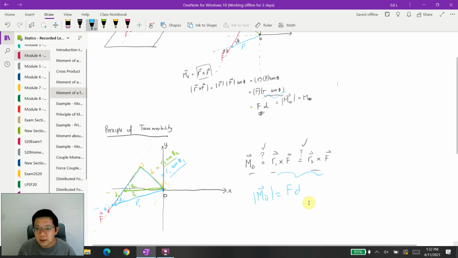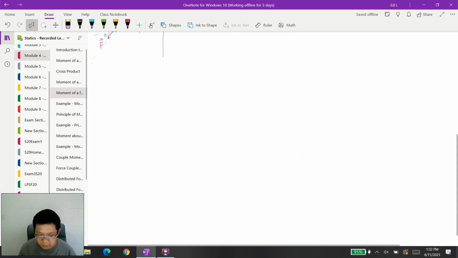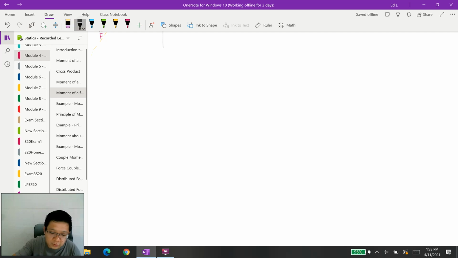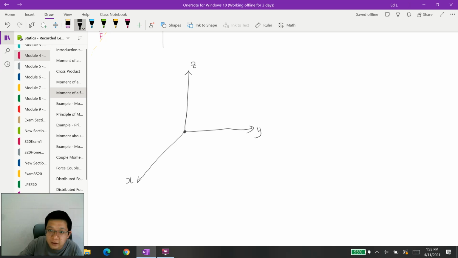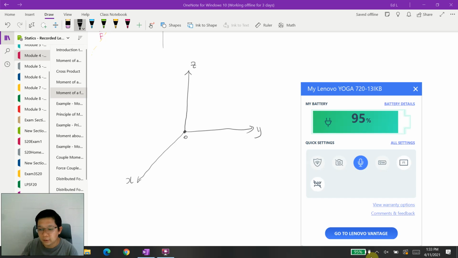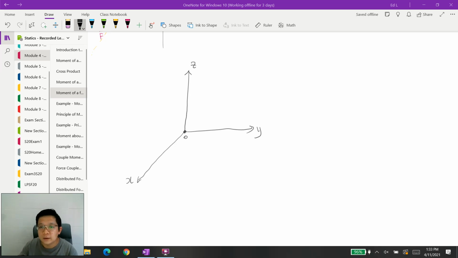Alright, so let's go ahead and continue to the next one. Let's restate what we have learned from the previous lectures, and bring it into the context of this moment of a force. Let's say that I have a three-dimensional Cartesian system right here. So that is my x, y, and z axes. And let's say that I have my point O right there.